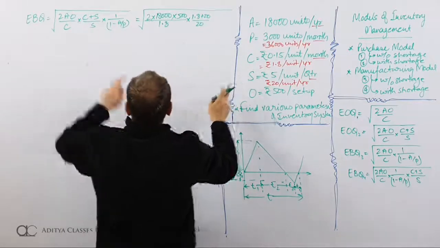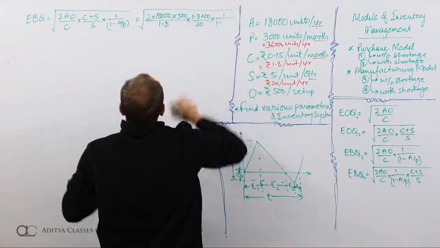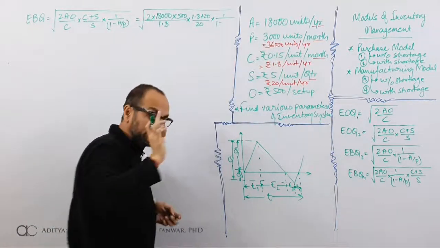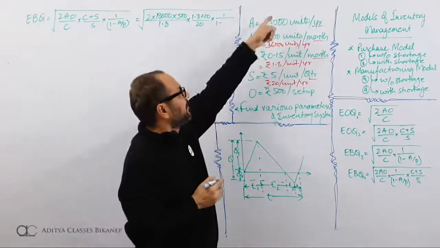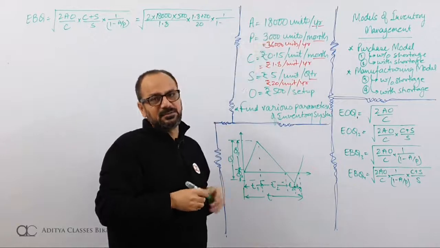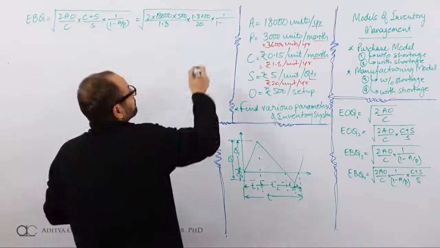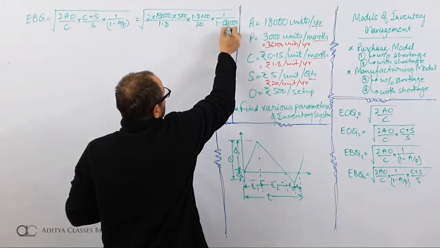Then finally there is a factor of 1 upon 1 minus A by P. A is 18,000 and P is not 3,000, it is 36,000. If we had not converted it, we would have made it 18,000 by 3,000. But now we know that it is 18,000 and 36,000.